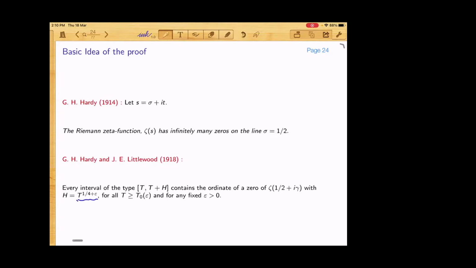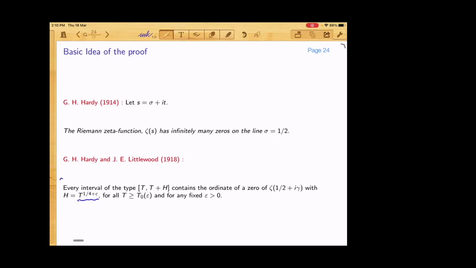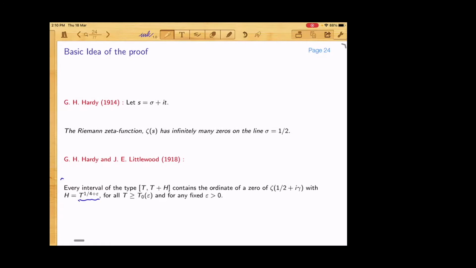This is a very elegant proof by Hardy and Littlewood.